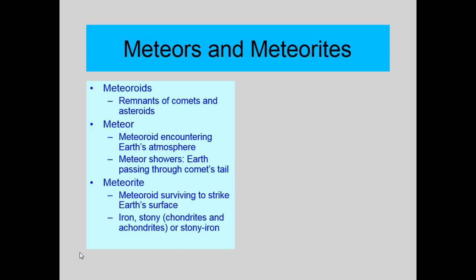The achondrites do not have chondrules, so therefore they do have a homogeneous texture, more like volcanic rock, such as basalt or cooled from molten rock. Now that's not very descriptive to me.